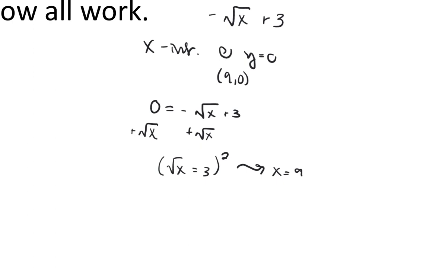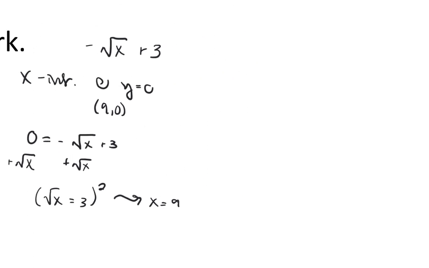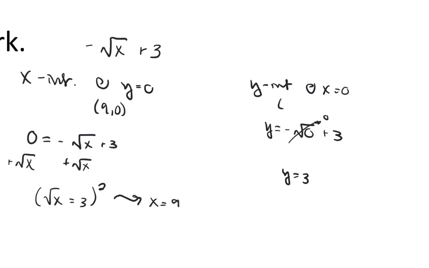Now the y-intercept, at x equals 0, is just y equal to negative square root of 0 plus 3. The square root of 0 is just 0. So here we're going to have y is equal to 3. So this point will be (0, 3).